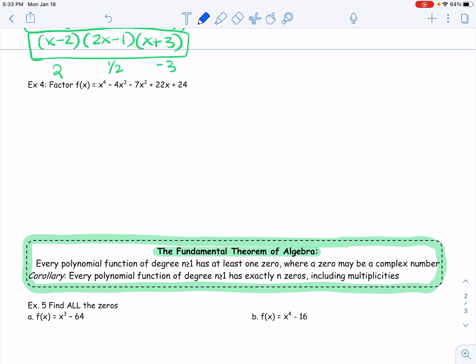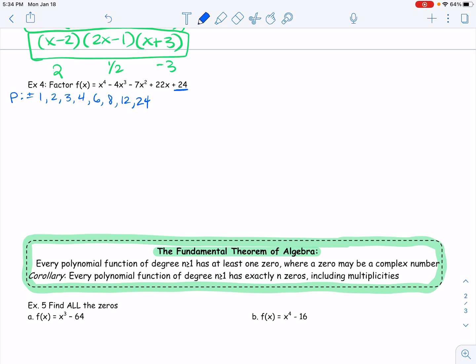Okay, so P. Plus or minus 1, 2, 3, 4, 6, 8, 12, 24. Is that right? 1 and 24, 2 and 12, 3 and 8, 4 and 6.